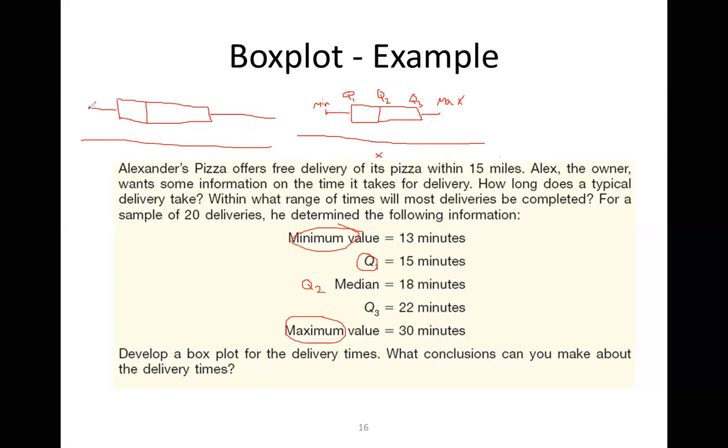You have the minimum, the maximum based on the x-axis, Q1, and you'll find Q2 is closer to Q1 than to Q3, okay? So that is skewed to the right, sorry, positive skewness.